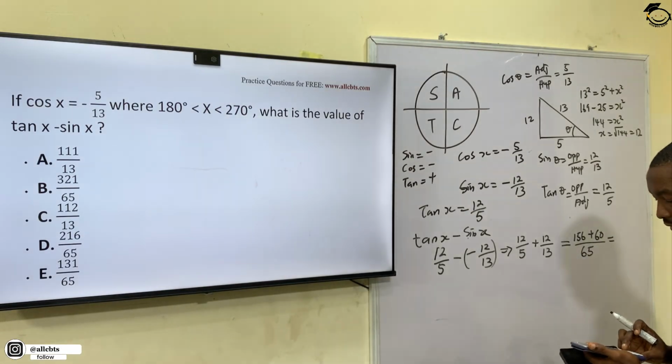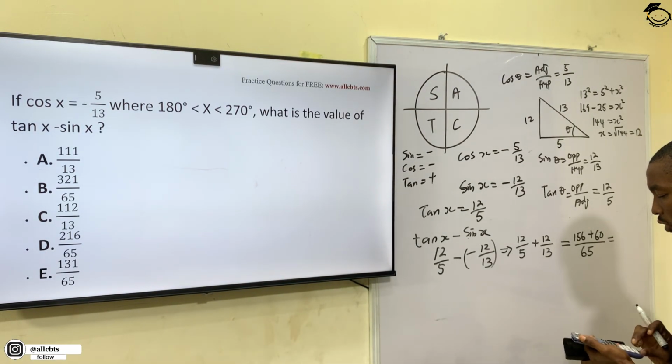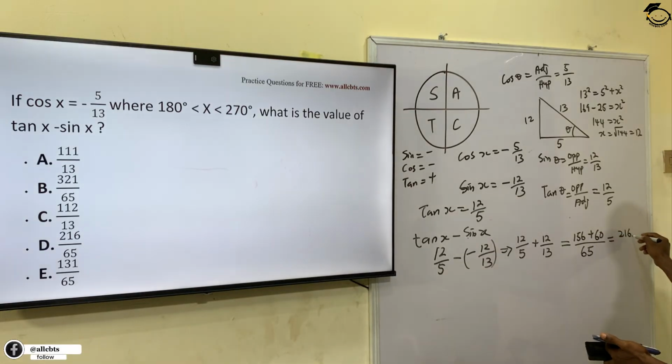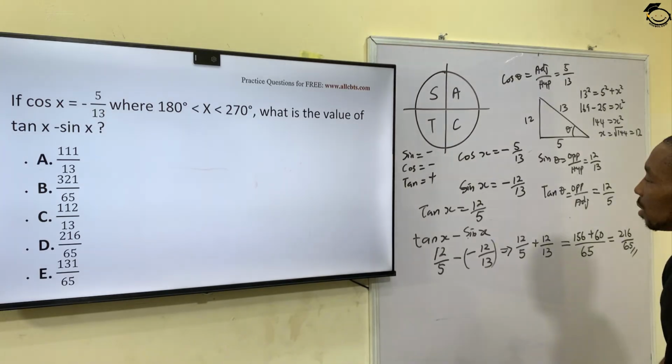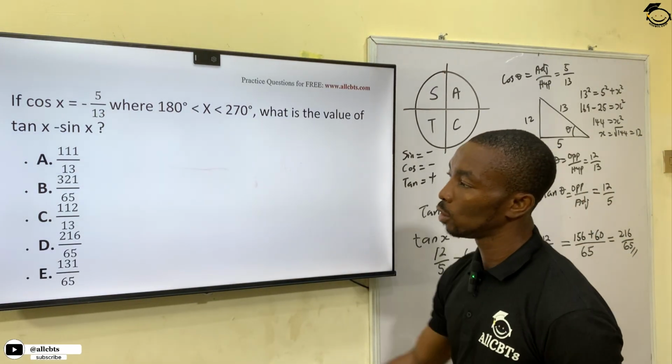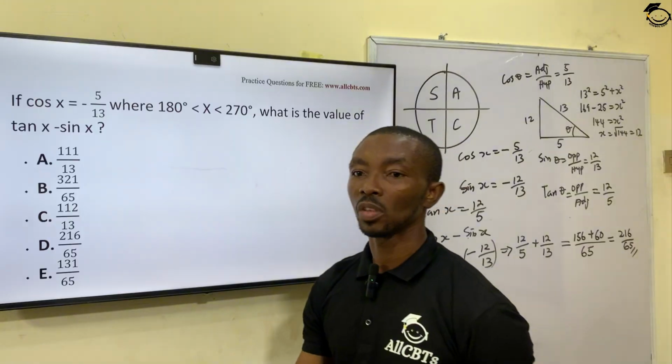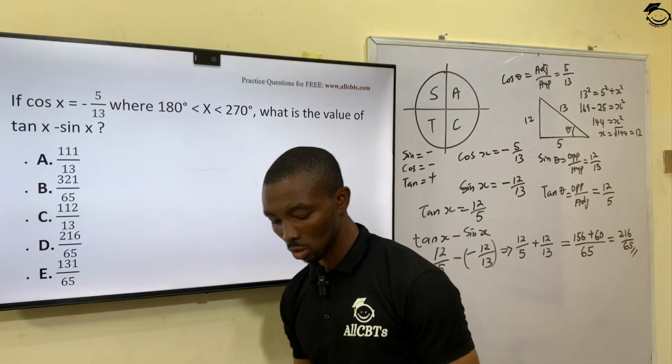So this gives us 156 plus 60, which is 216 over 65. So tan x minus sine x is 216 over 65, which is option D.